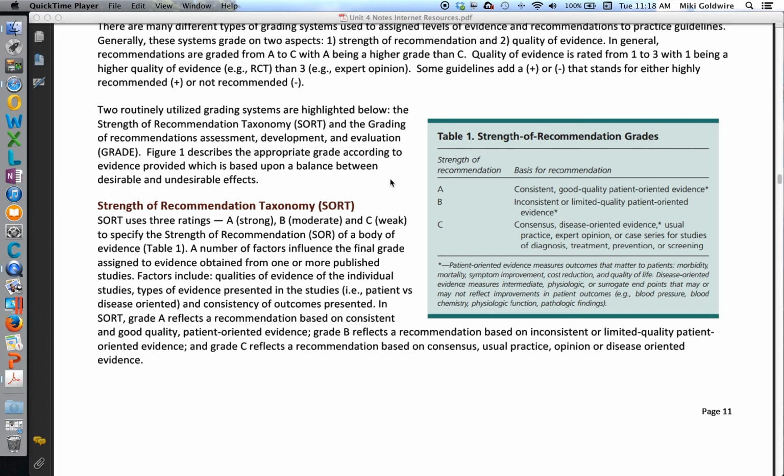In SORT, Grade A reflects a recommendation based on consistent and good quality patient-oriented evidence. Grade B reflects a recommendation based on inconsistent or limited quality patient-oriented evidence. And Grade C reflects a recommendation based on consensus, usual practice, opinion, or disease-oriented evidence.